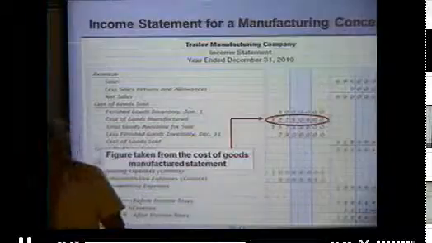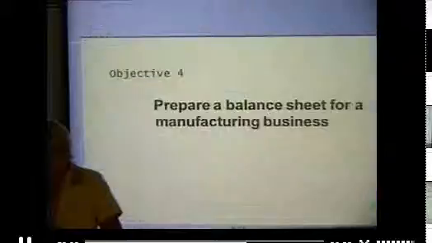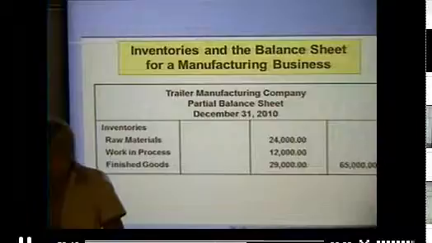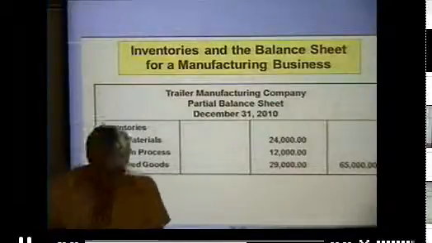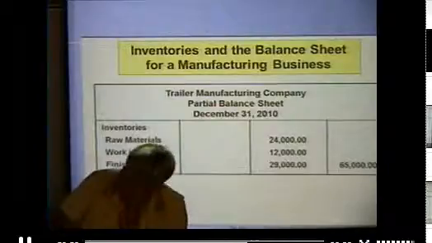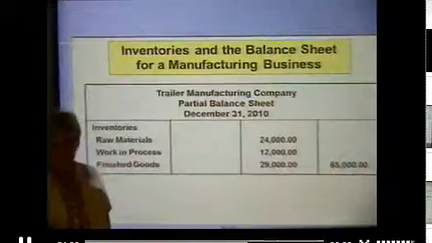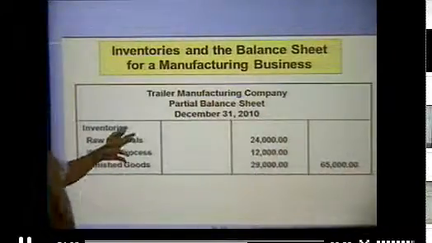And the balance sheet then, after we've done the income statement, we can look at a partial balance sheet, and it's going to show all of our inventory. Clip out of your balance sheet showing that we've got raw materials inventory still over there, right?